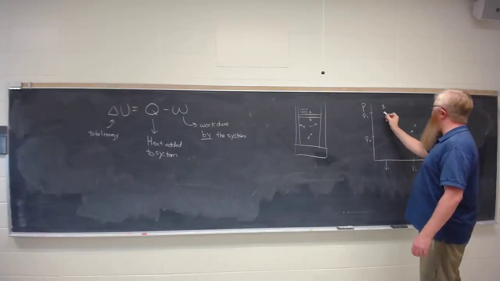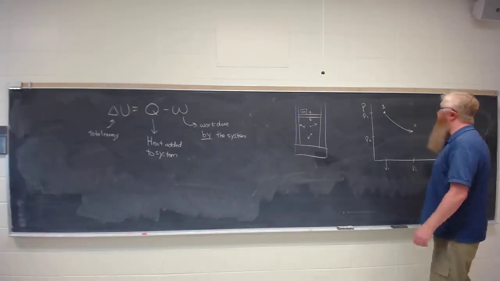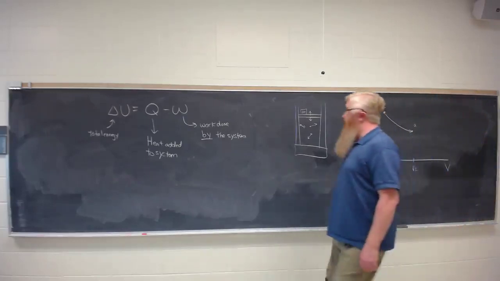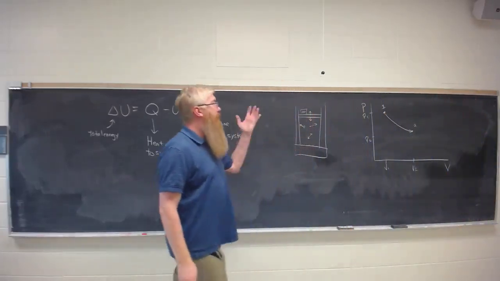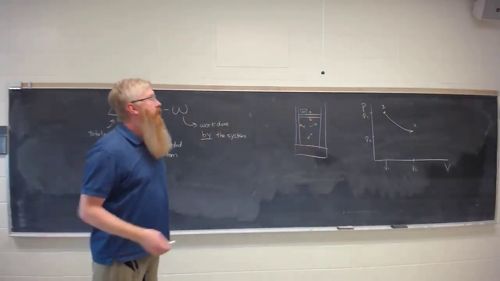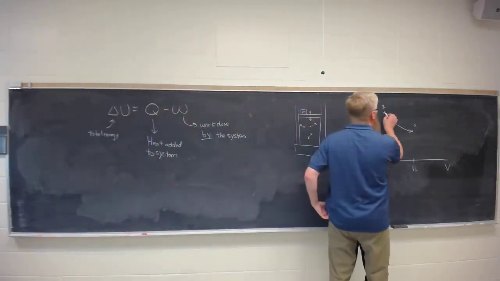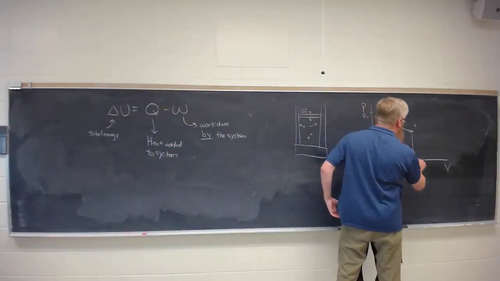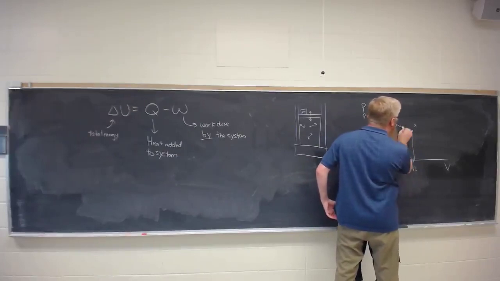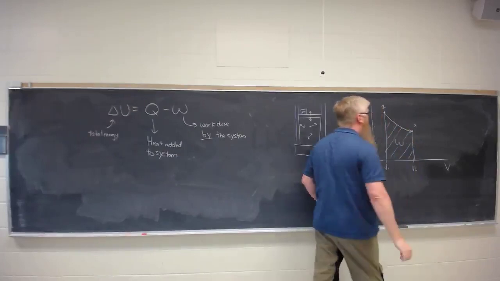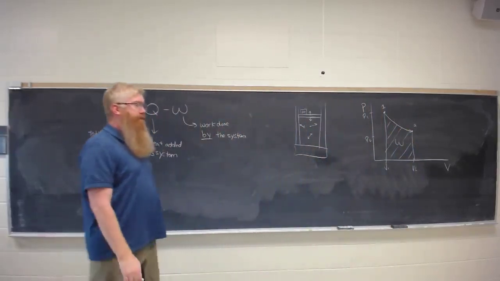And you have some process by which that occurs. It can occur at constant temperature or something along those lines. But the work done on the gas is the area under this diagram.